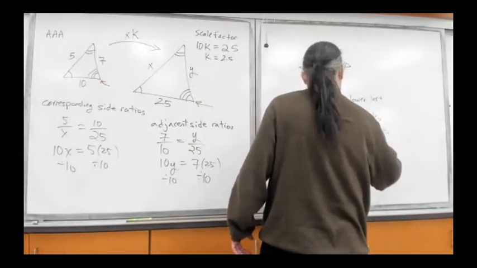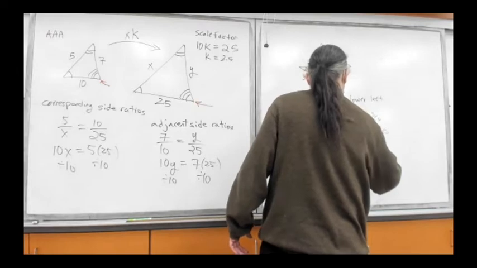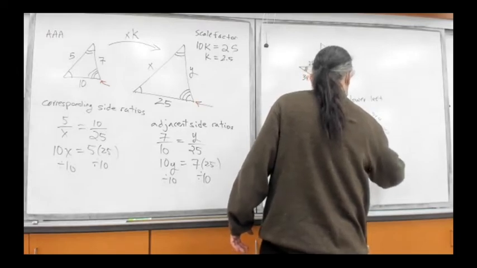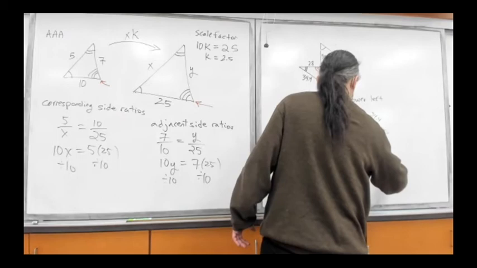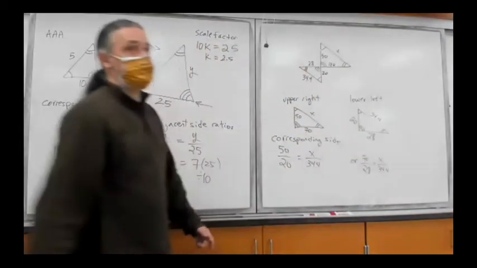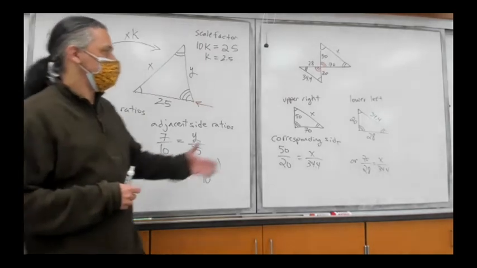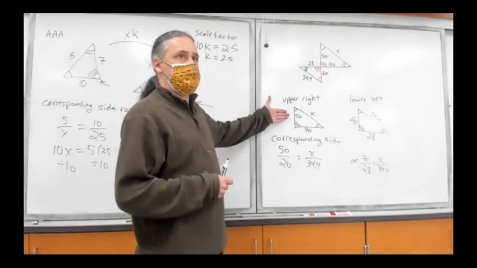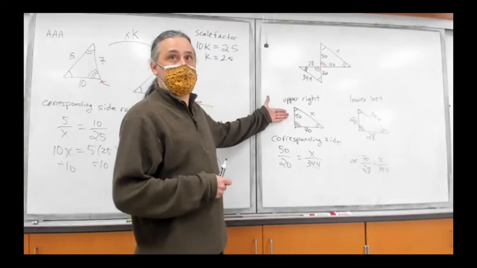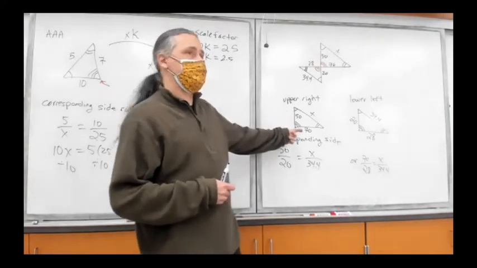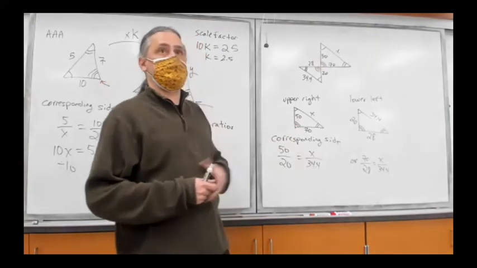Or you could have done 70 over 28 equals x over 34.4. You should still get the same answer. Whether you use the fraction that had 2 numbers based upon the left sides, or the fraction that had 2 numbers based upon the bottom, you should still be okay.